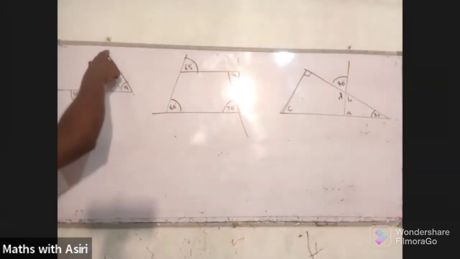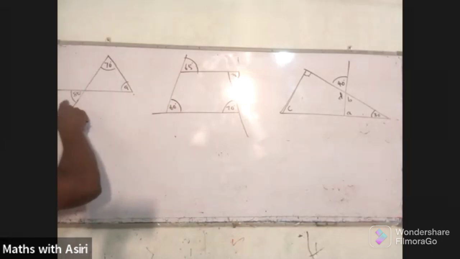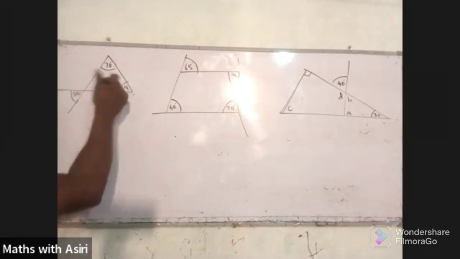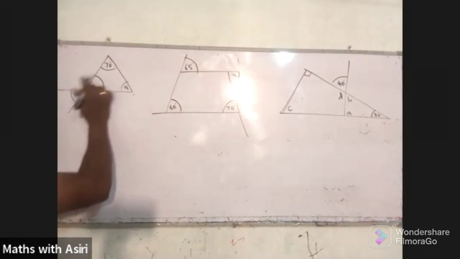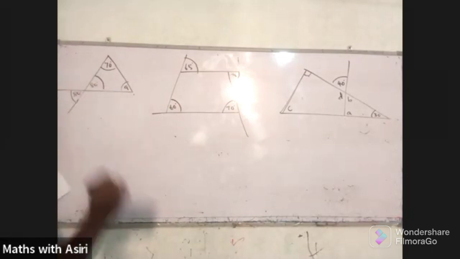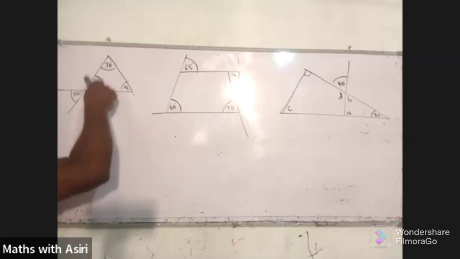One interior angle is given as 70, another interior angle has to be found, and one angle is given outside the triangle. This is not an exterior angle. That is also an interior angle because they are vertically opposite angles. So the interior angle is 80. We know that the sum of these three is 180.